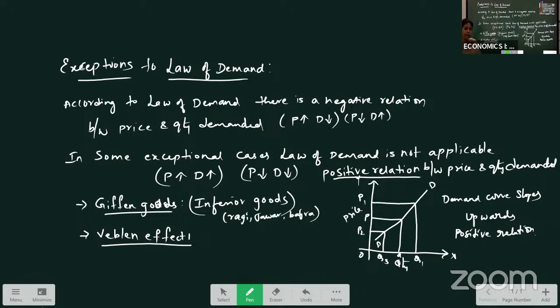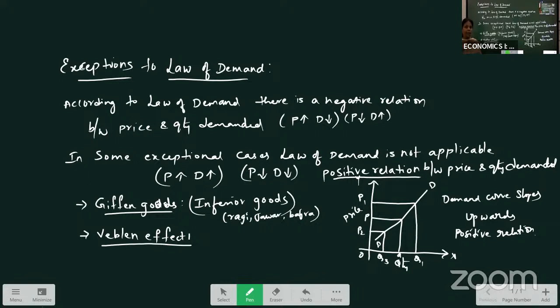Though the price increases, we are not reducing the consumption. Means as the price increases, demand will not decrease. Why? Because people use luxury items for social status. People use luxury items for what? To show off their status.